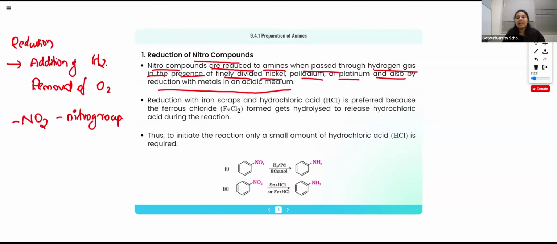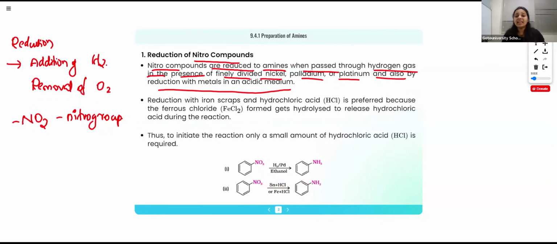Memorize. How can we produce amines from nitro compounds? Whatever it may be, alkyl or aryl, the nitro compounds can be converted into amines by using a reduction reaction.